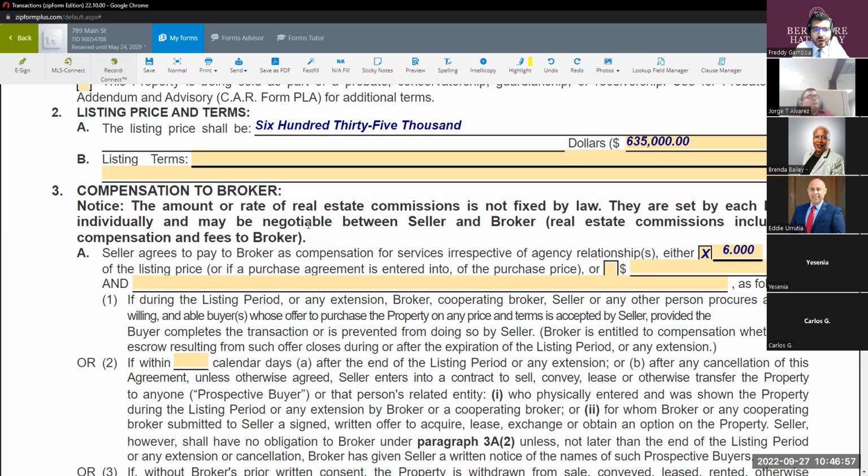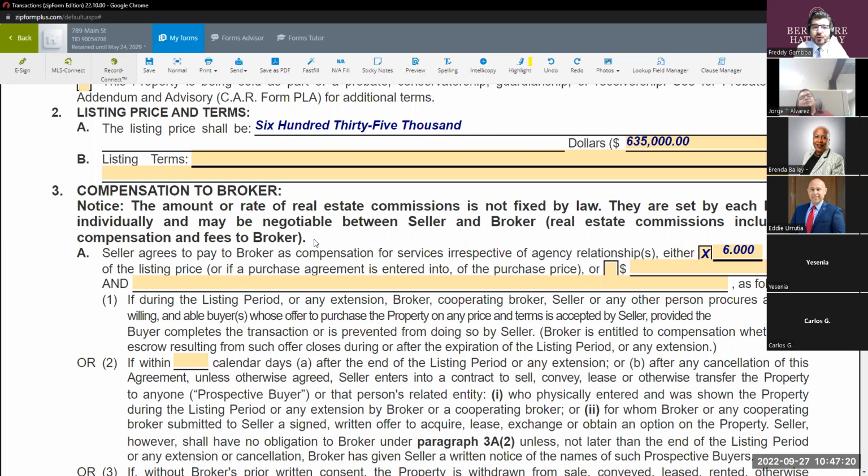So how do we get that TC fee charged to the seller? Keep in mind that the commission already includes compensation and fees to broker. We cannot charge another fee on top of the commission that we're already charging up front.